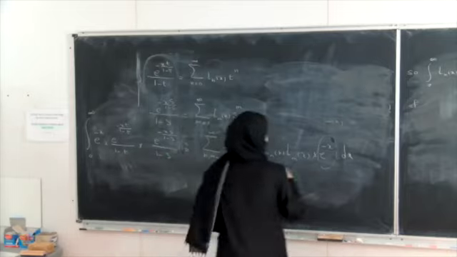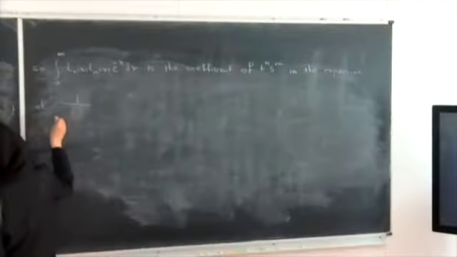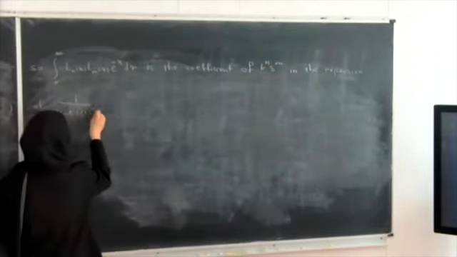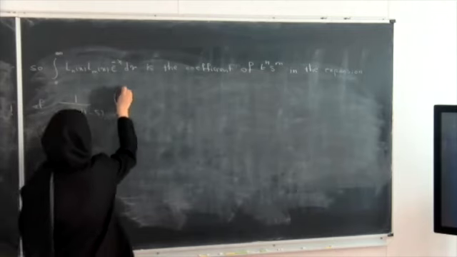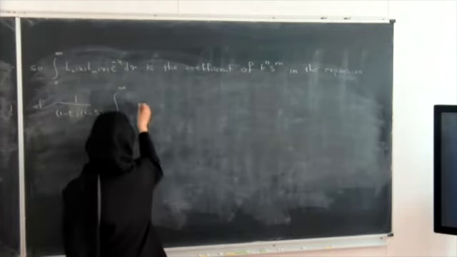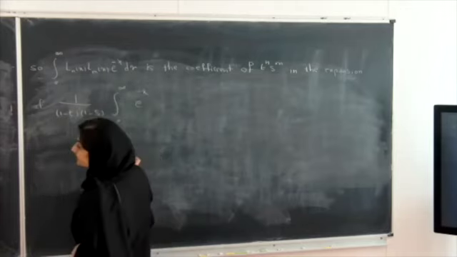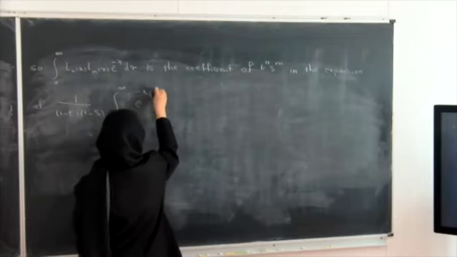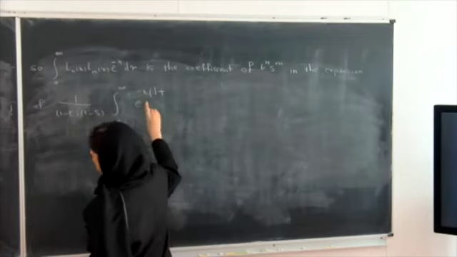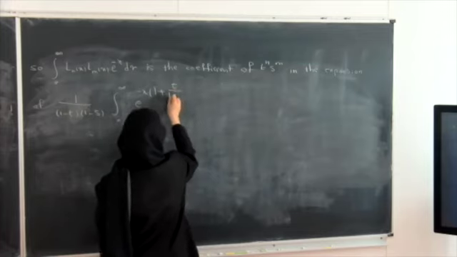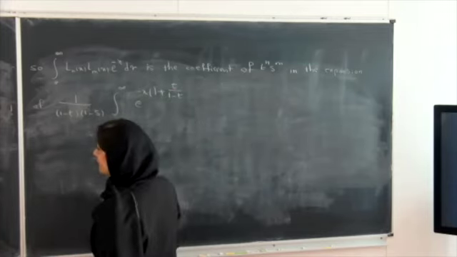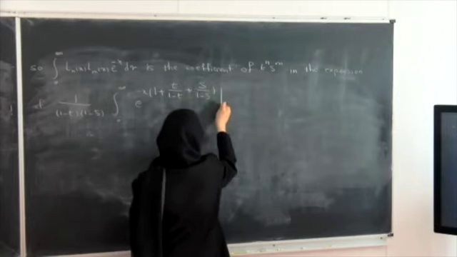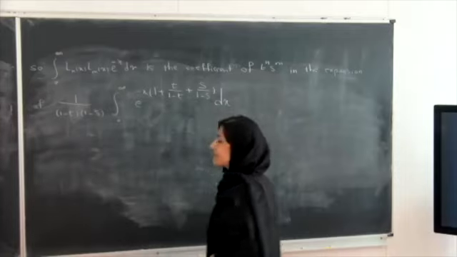I can write 1 divided by (1 minus t)(1 minus s), the integral from 0 to infinity of e to the minus x times (1 plus t divided by 1 minus t plus s divided by 1 minus s) dx.